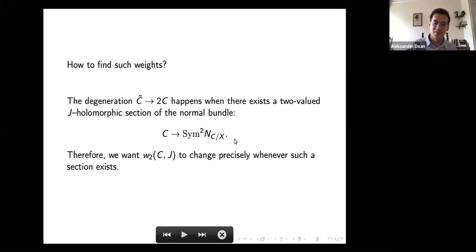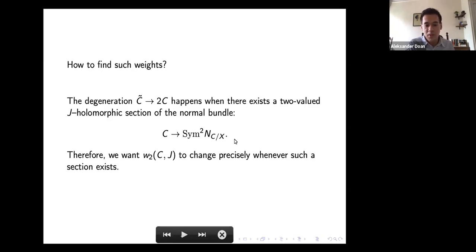The existence of such a two-valued section is clearly dependent on J because this section has to satisfy a PDE, which depends on J. As I explained with the superrigidity conjecture, you expect that for a generic J, there will be no sections like this because the index of this operator is 0, but as J varies, you might produce some sections.